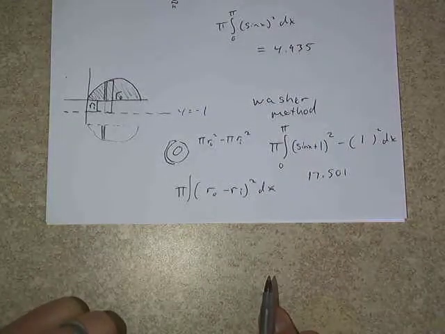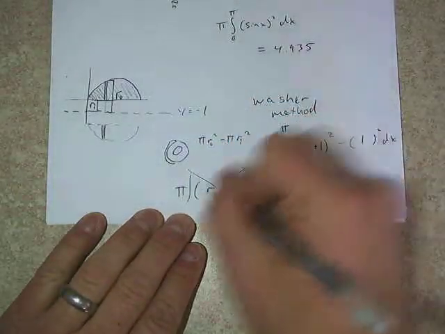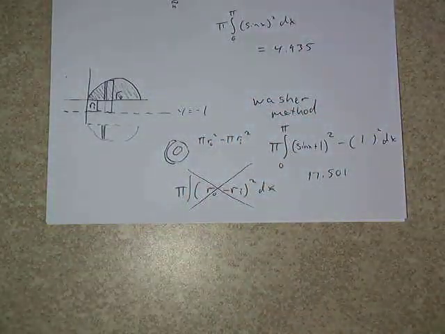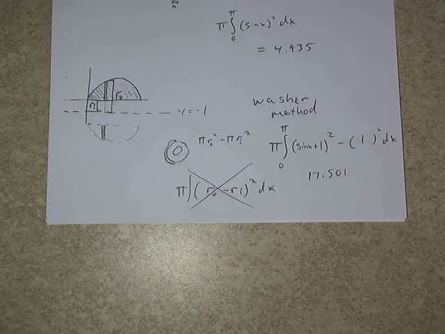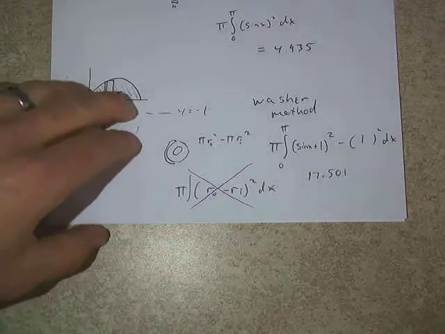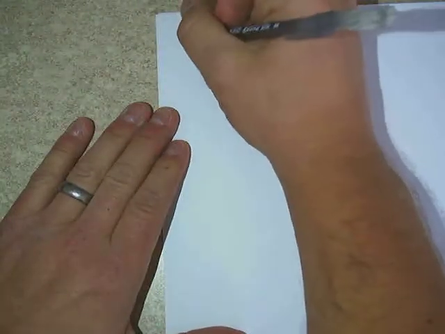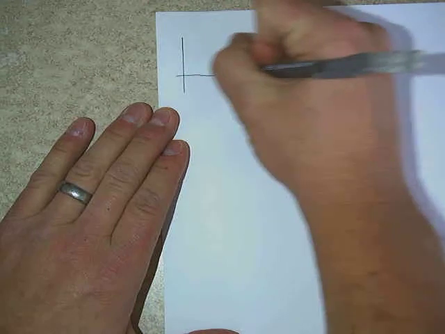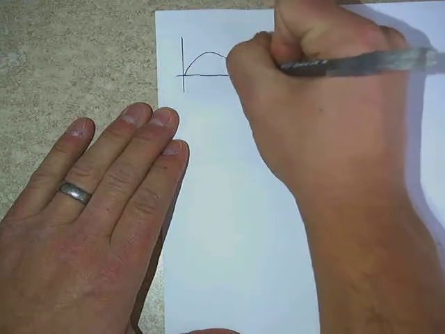Absolutely not, because that's not r squared minus r squared, is it? It's r squared minus 2r times r plus the other r squared. We'd have to FOIL that if that was the case. This FOIL does not equal this, does it? Okay. So make sure you do not do this. Do not subtract the radii and then square that result. You've got to square the radii individually and then subtract.